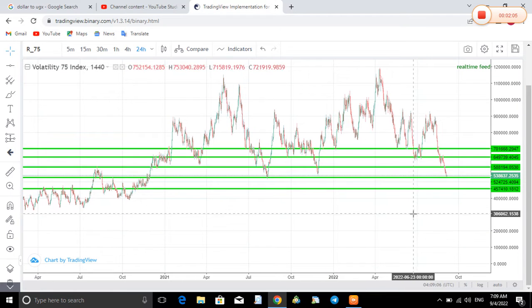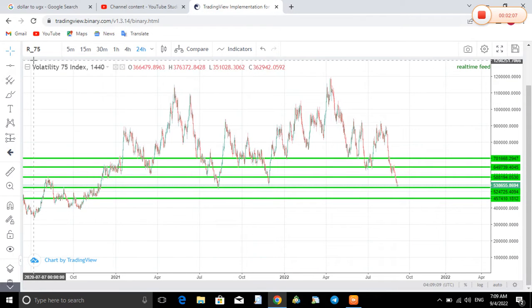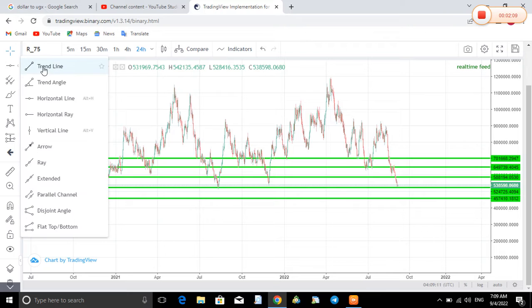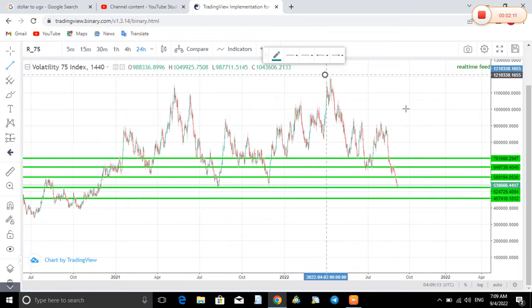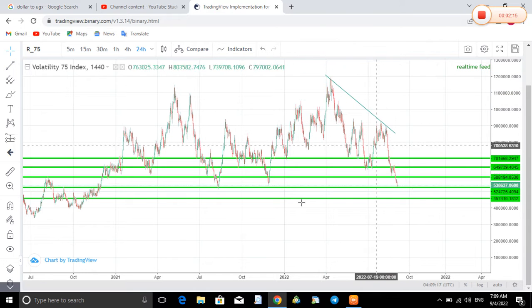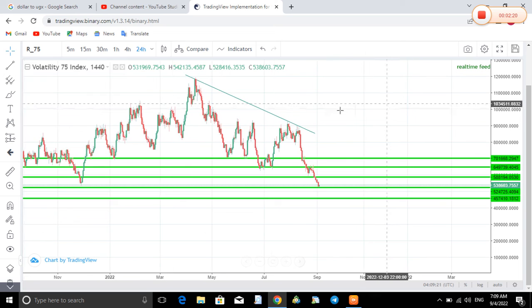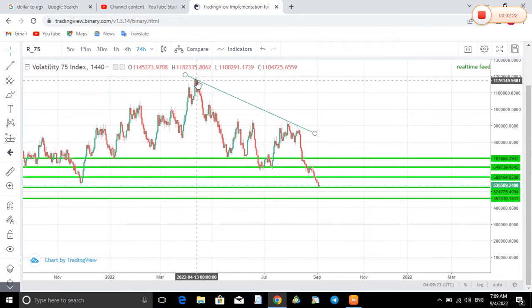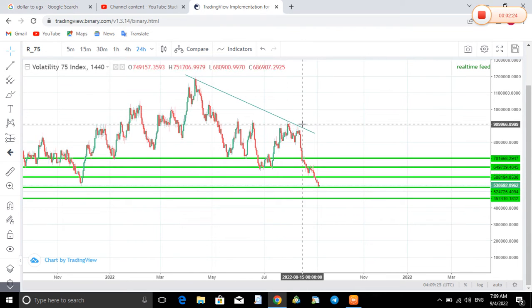Now if you get a clear picture, if I try connecting this resistance trend line of mine and zoom out, you can see that we had our first touch, second touch, and this was our third touch.